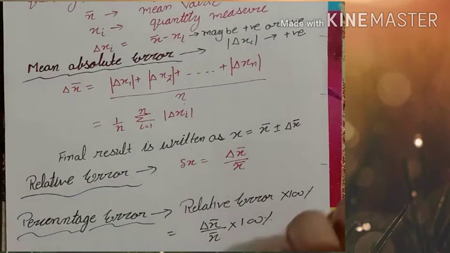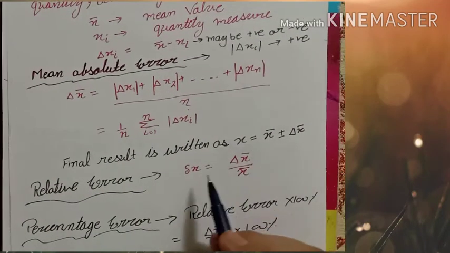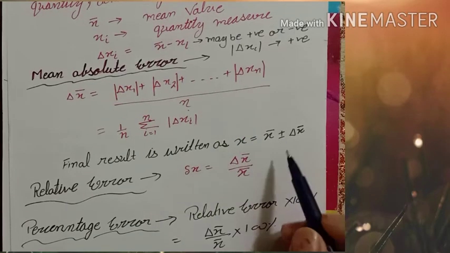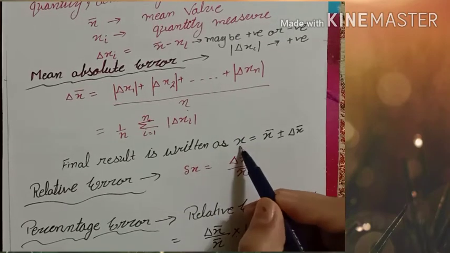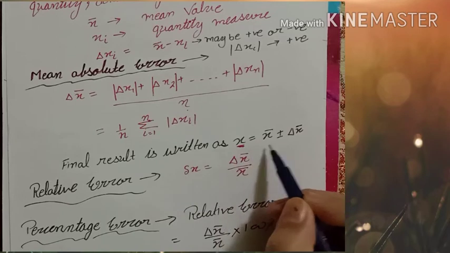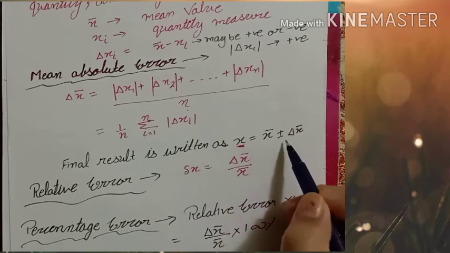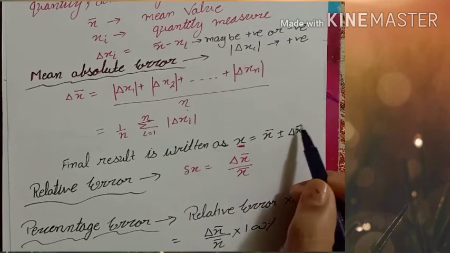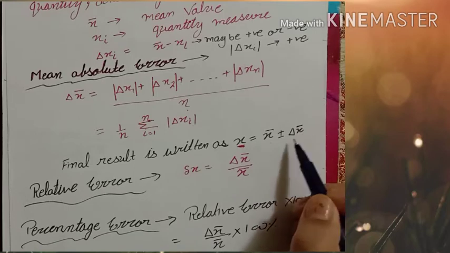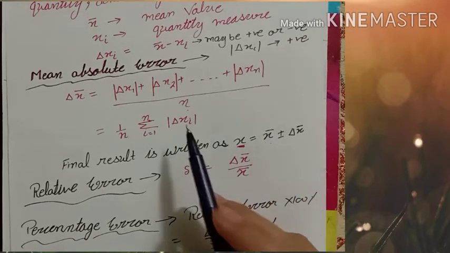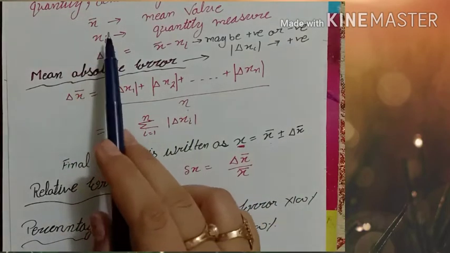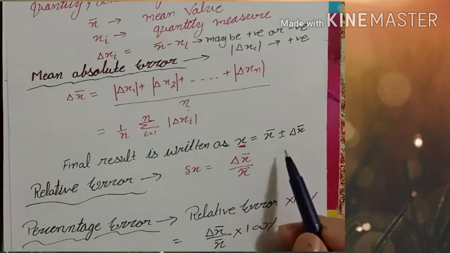And if we want to represent the final result of this physical quantity, then this physical quantity is represented by x, and x is given by x bar plus minus delta x bar. Delta x bar is the mean absolute error and x bar is the mean value.